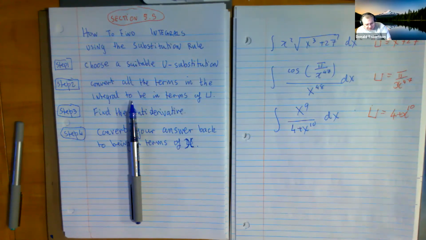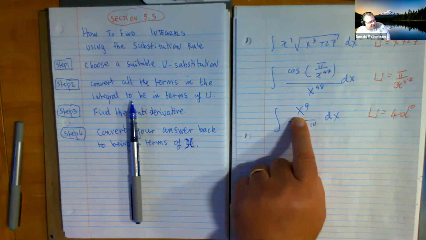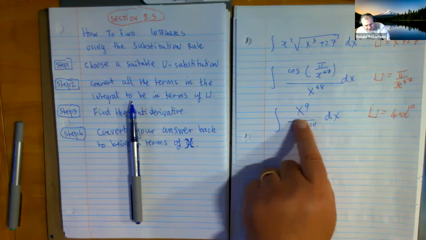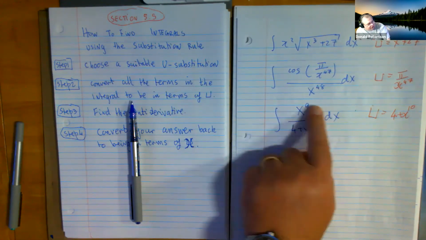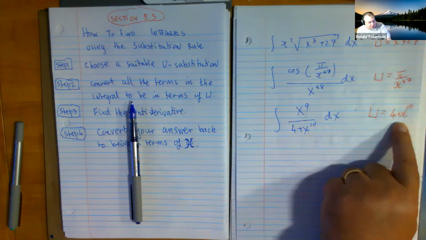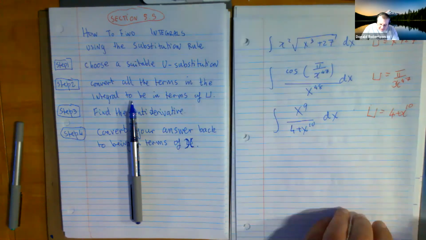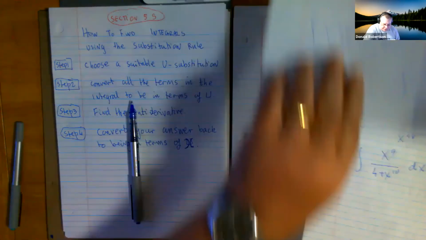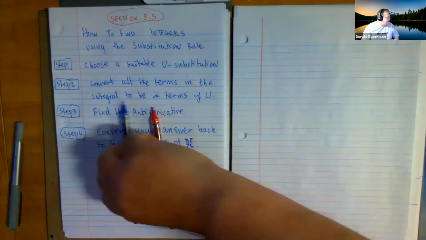If I called that guy the sine of x to the 9, or e to the x to the 9, or the square root of some weird stuff, wouldn't that then take over as the probable u sub? So when it's just a fraction with nothing particularly interesting on the top, that's typically when the denominator is going to be your u sub. If anything else happens, it's probably the other choice.